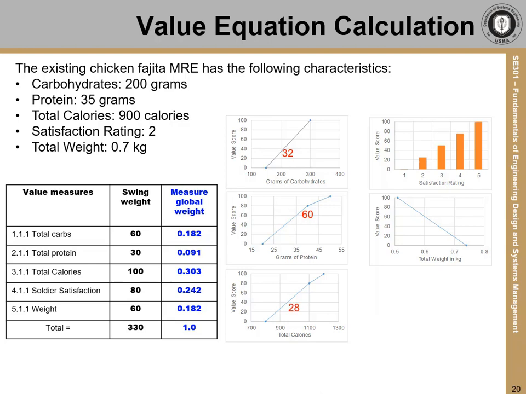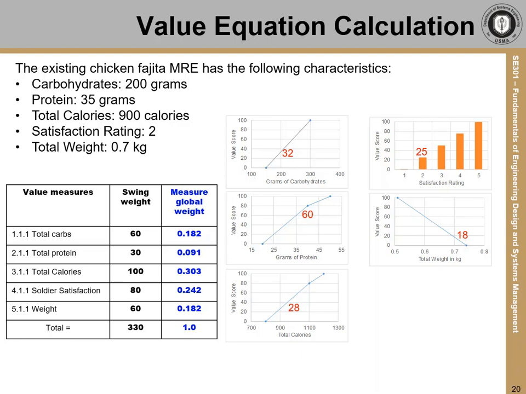For total calories, 900 calories corresponds to a value score of 28. For soldier satisfaction, a rating of 2 gives a value score of 25. And for total weight, a weight of 0.7 kilograms corresponds to a value score of 18.